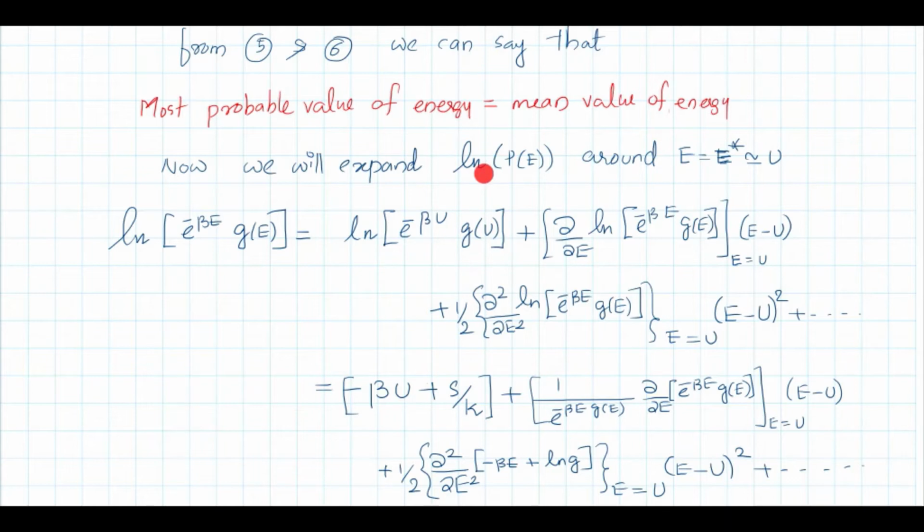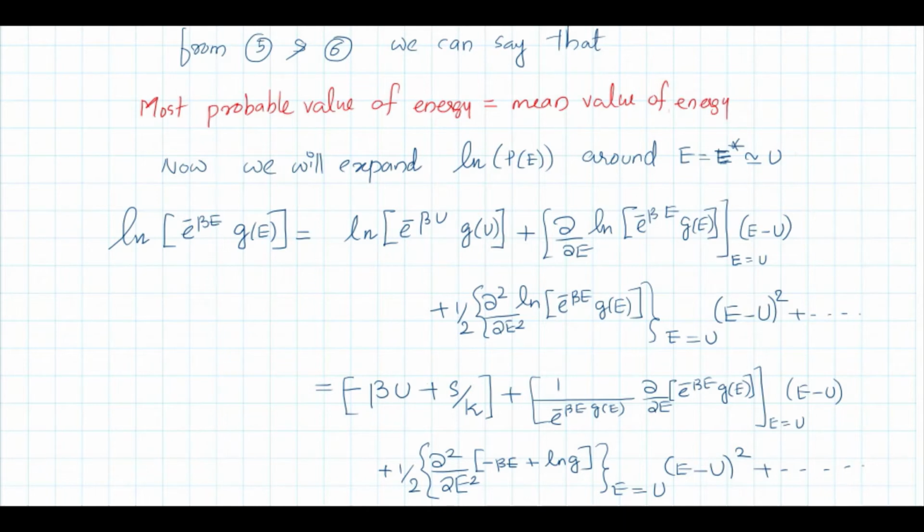Now we will expand log P of E around E equal to either the most probable value or the mean value. Both are equal. So we can expand log P, which is a function of E, around the energy value E star, which is approximately U. Because in a Taylor expansion, the first term is the value of the function evaluated at that particular point.